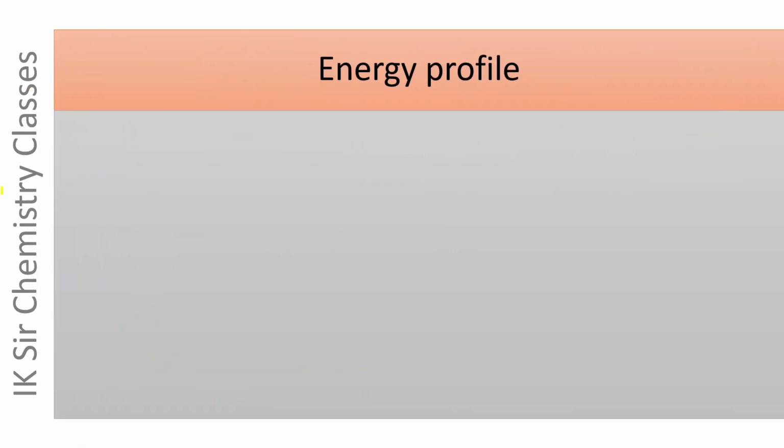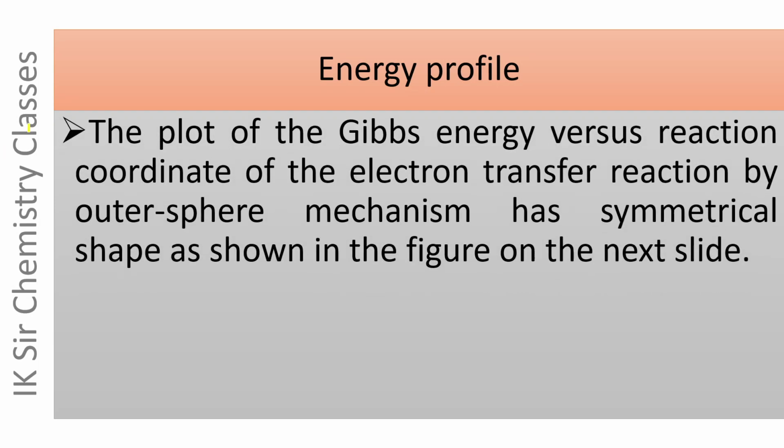The energy profile of electron transfer reaction by outer sphere mechanism is given below. The plot of Gibbs energy versus the reaction coordinate of electron transfer reaction by outer sphere mechanism has symmetrical shape, as shown in the figure on the next slide.